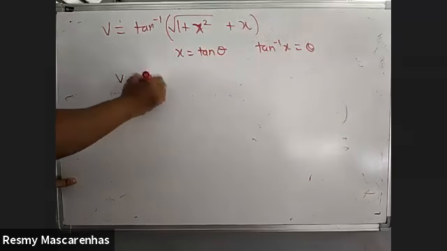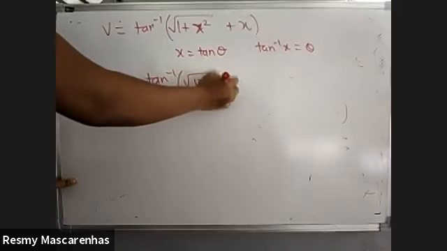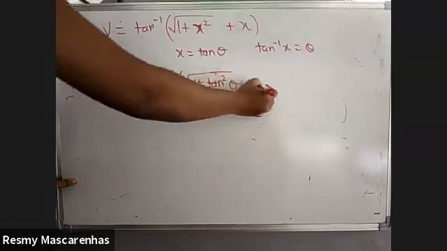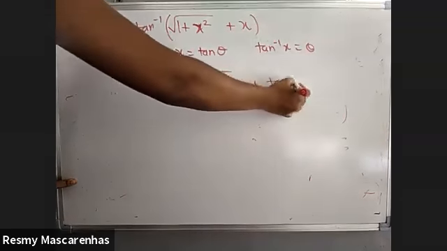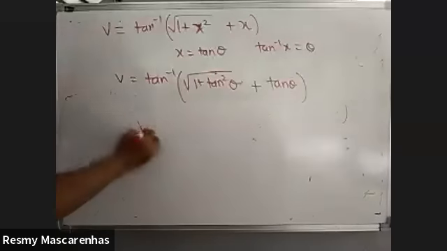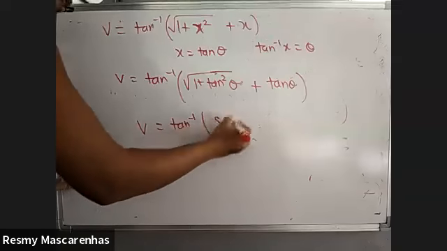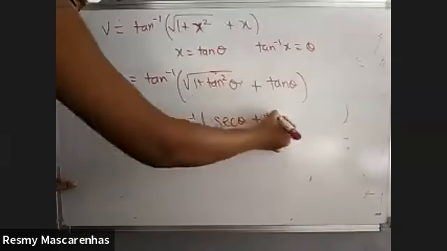So v will be tan inverse of root of 1 plus tan square theta. So 1 plus tan square theta will be sec square theta. Then square and root will cancel. So what we will get is sec theta plus tan theta.